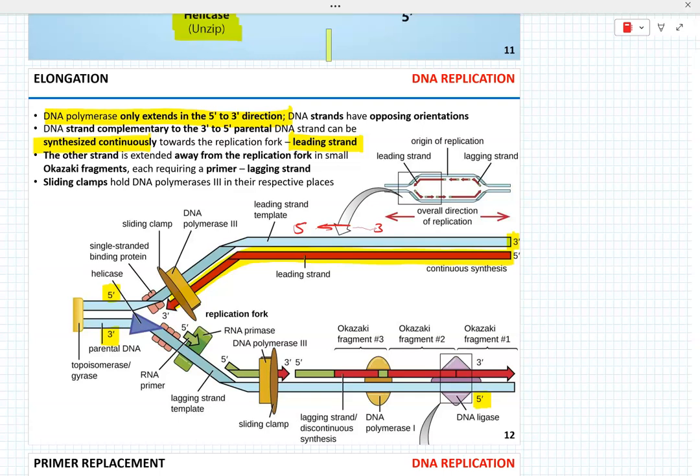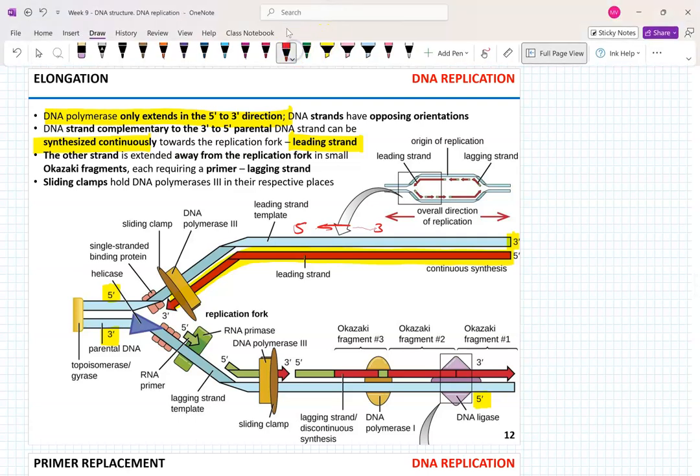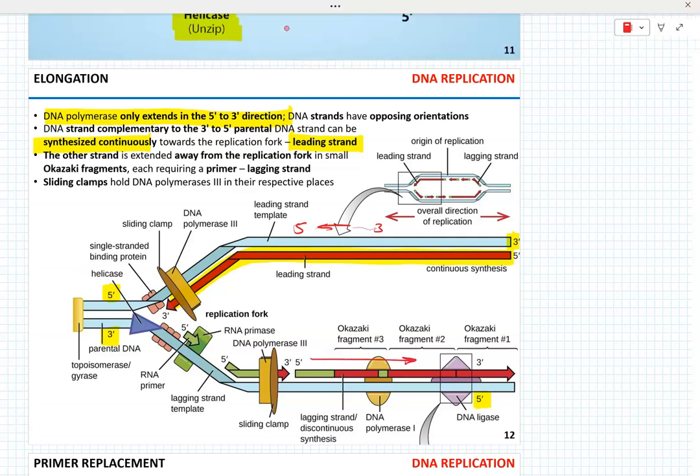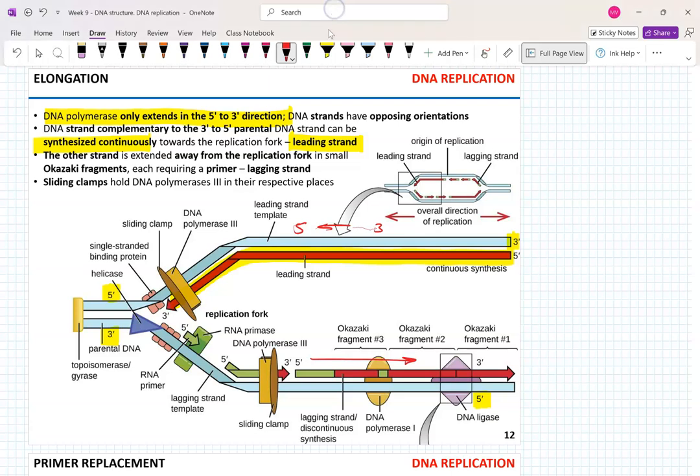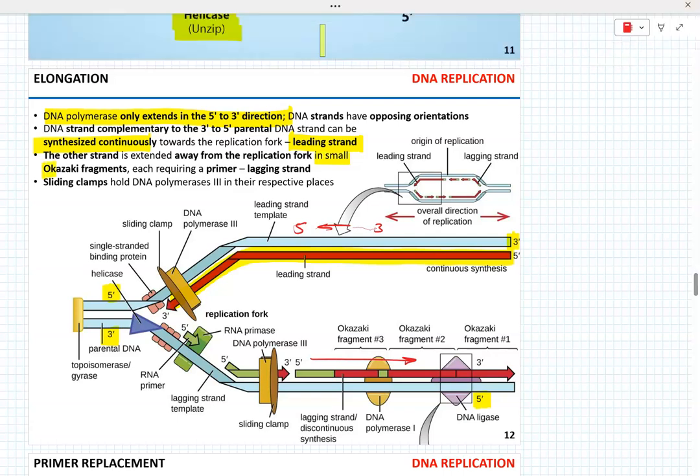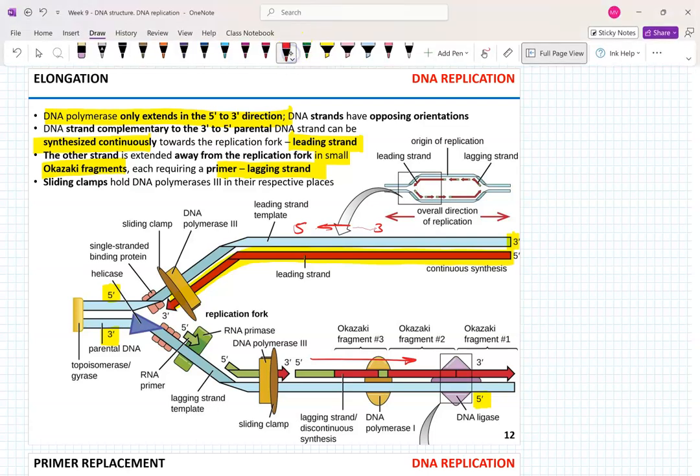The other strand, however, extends away from the replication fork. So DNA polymerase can only move away from the replication fork. Therefore, the synthesis of the second strand is discontinuous. It is synthesized in the form of small Okazaki fragments, and it is called a lagging strand. If you look at the bottom illustration, you can see that there is a primer.